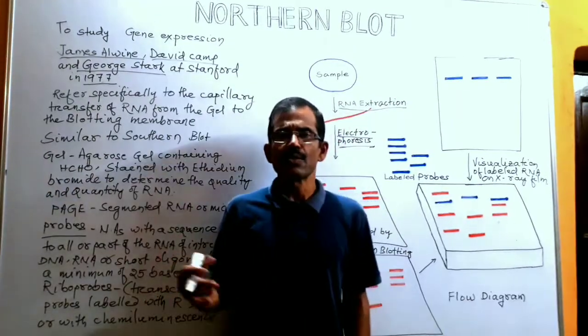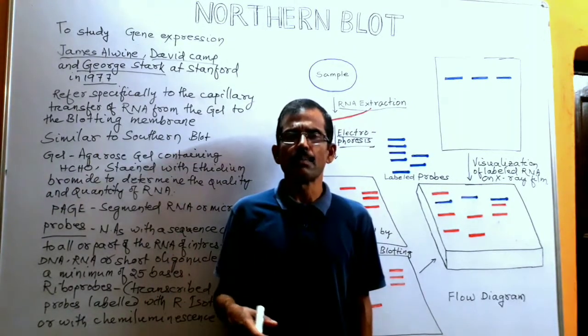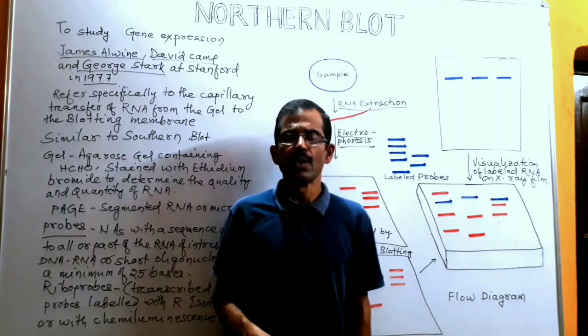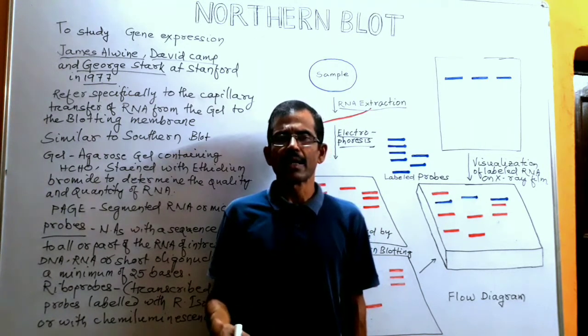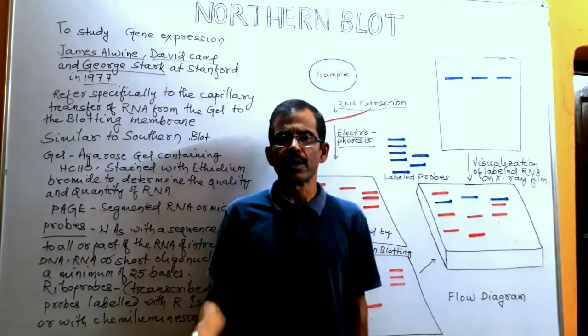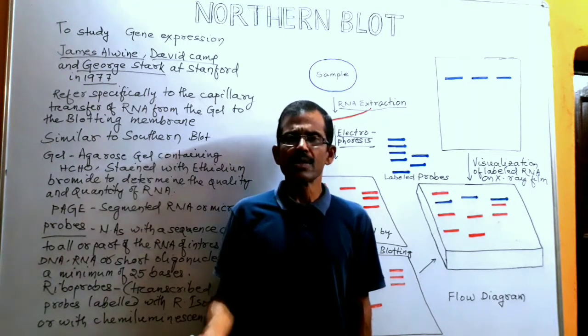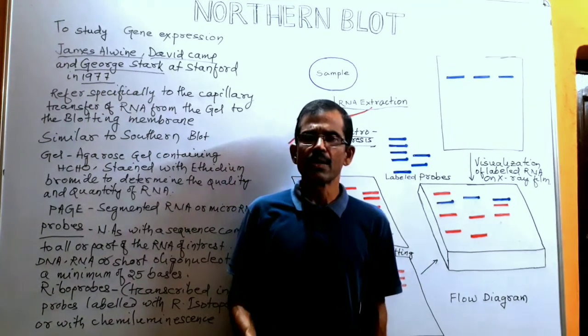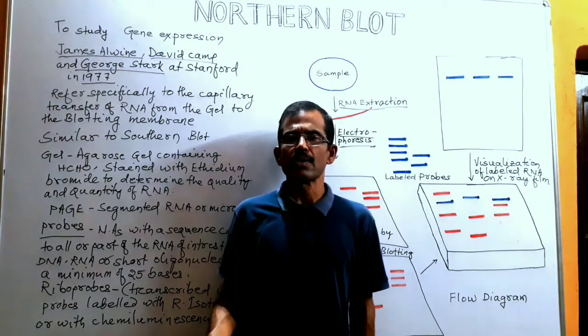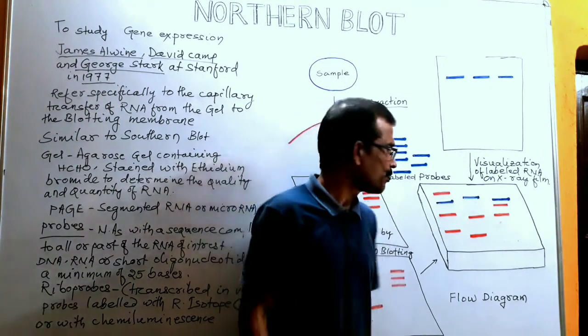This technique is known as northern blotting because of its similarity with another blotting technique known as southern blotting. Next, we shall discuss about various steps involved in the process of northern blot.